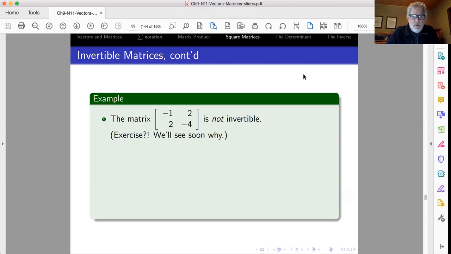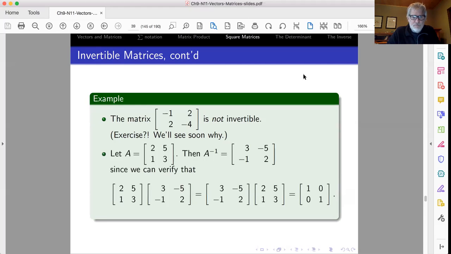So we looked at this example, which I left as an exercise. We have some matrices which are invertible, some which are not, and our task now will be to figure out which are which. I'm going back to this example from last time.